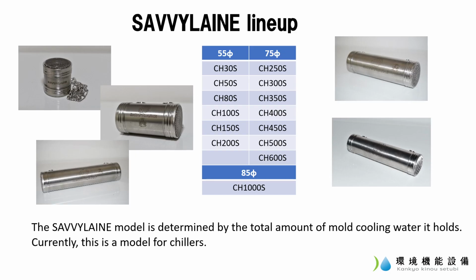The case is stainless steel and the tablet inside is replaceable. The effectiveness will decrease after 1.5 to 2 years, so you will need to replace the tablet inside. All models currently on sale are for chillers, but models for temperature controllers and large equipment are also under development.